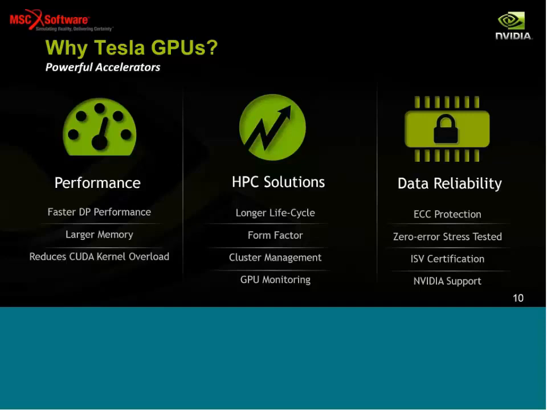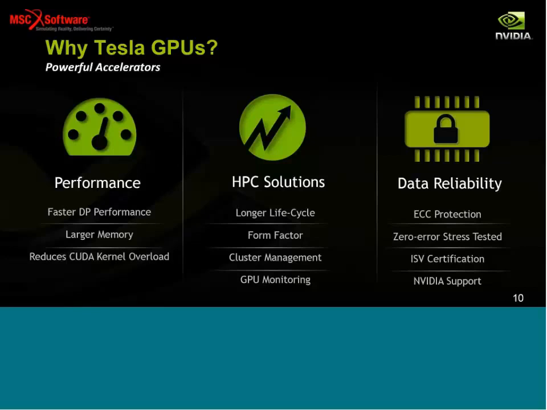Now, specifically for end users such as you, NVIDIA's Tesla has features that are simply not available in GeForce hardware. These features have been classified here on the slide as performance, HPC solutions, and data reliability. If you take a look at performance, this is the most important aspect, if at all. Any of the other aspects add value to the end user.